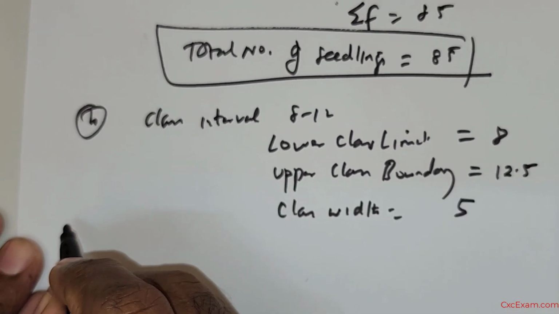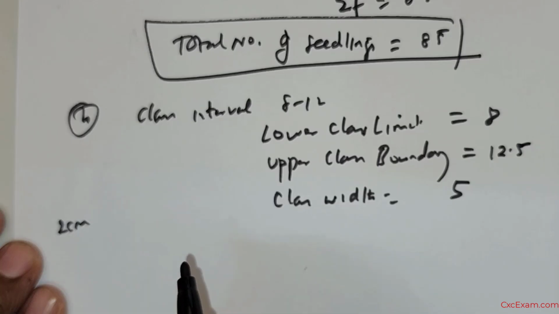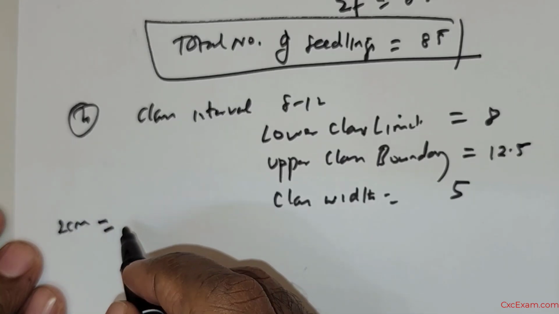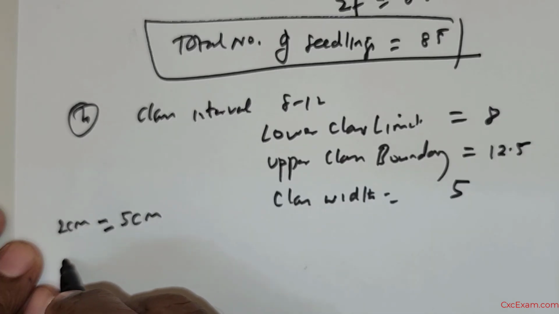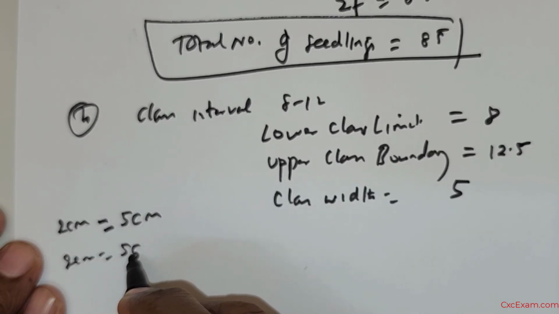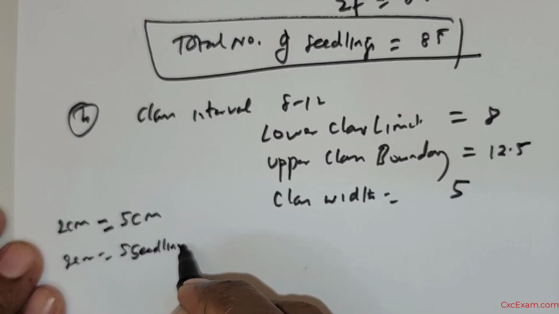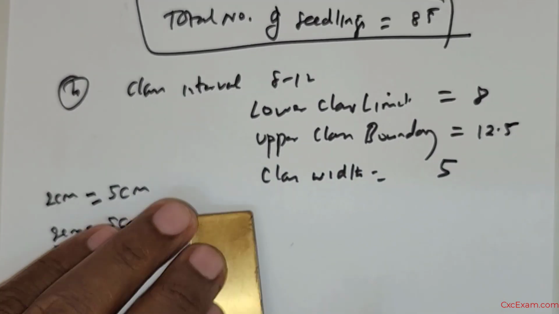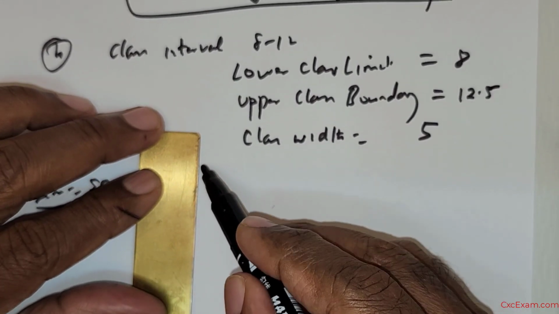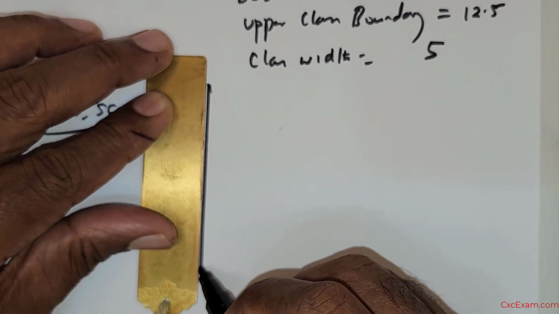Okay, the next is we need to represent 2 centimeter as 5 centimeter, and then 2 centimeter as 5 seedlings. And we have to draw the graph. Okay, so let me show you this graph here.